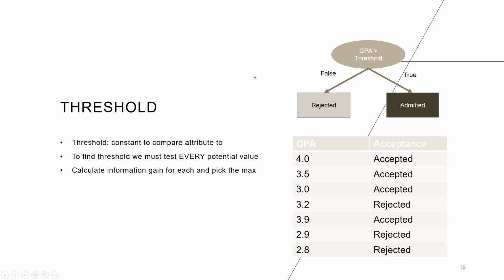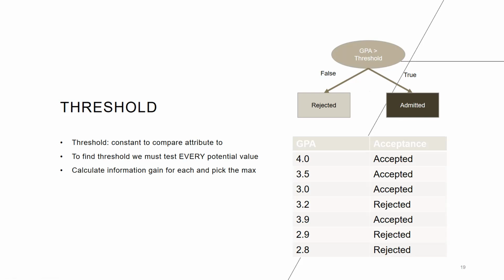So the entropy on the left would be perfect. Entropy on the right would not be perfect, but as close as we're going to get. And again, we're trying to minimize the entropy here, and we could do that using that concept of information gain.